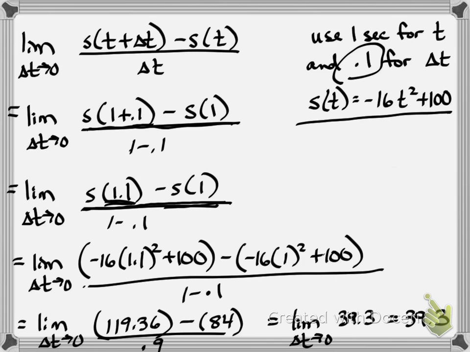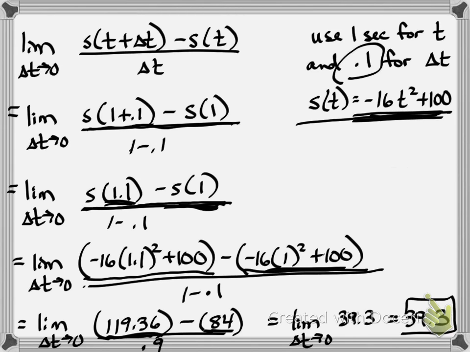If we plugged 1.1 into this position function, and then plugged 1 into this position function, that's what it would look like here. Then we would get this minus this over 0.9, and we would get 39.3.